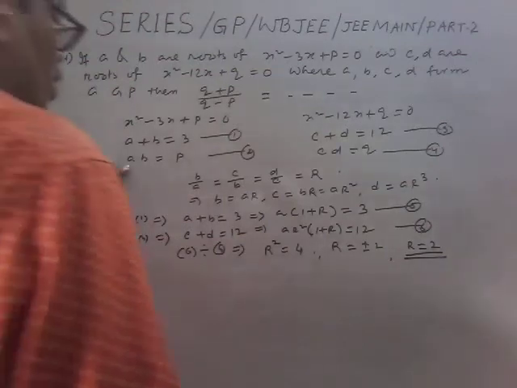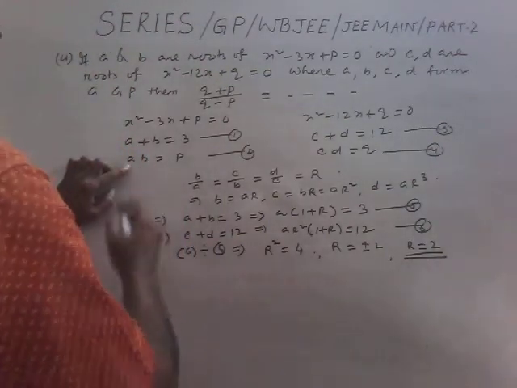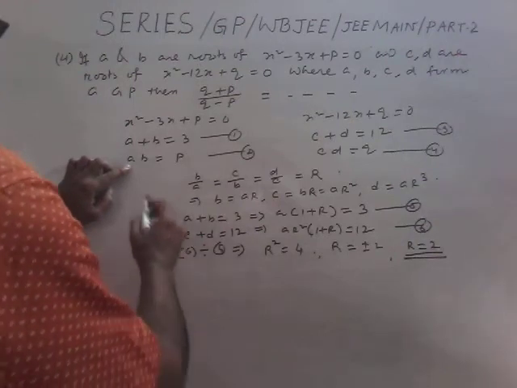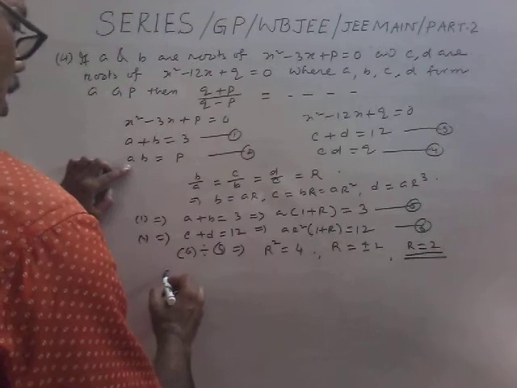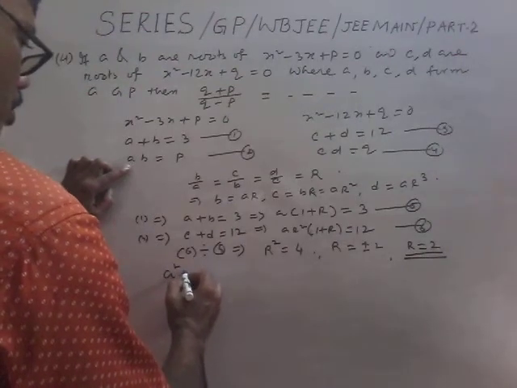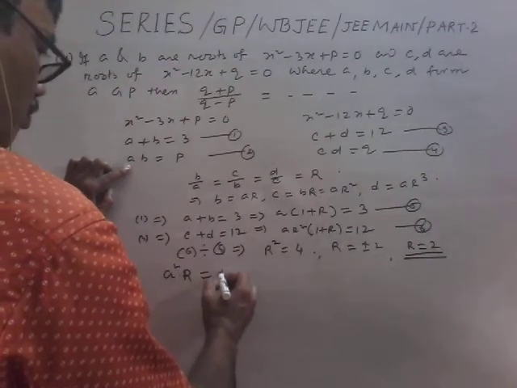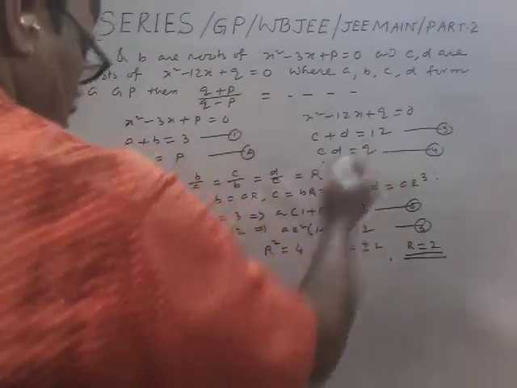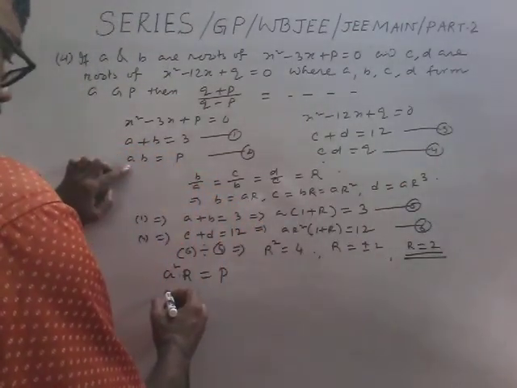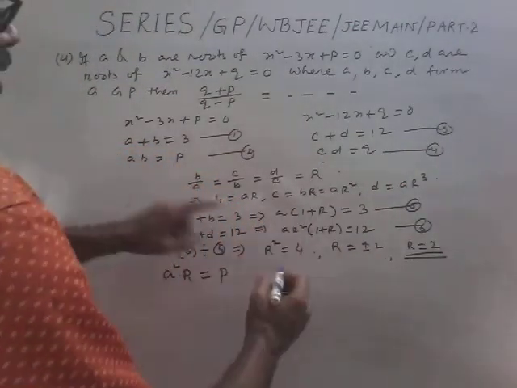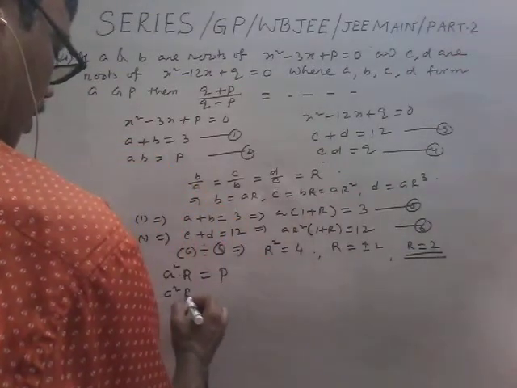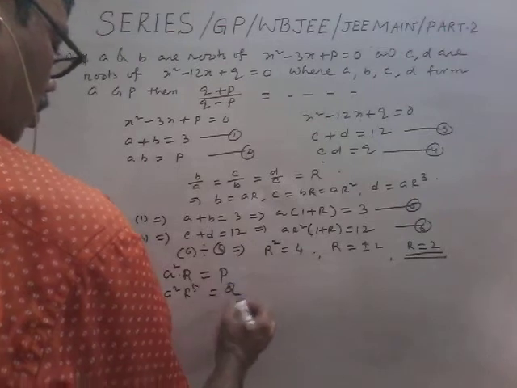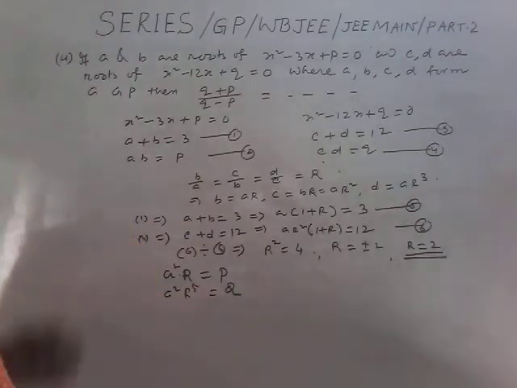Now ab equals p. So a into b, so a into ar, so a square r equals p. And cd equals q, so a square r to the power 5 equals q.